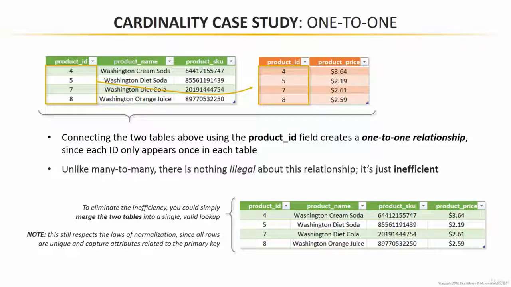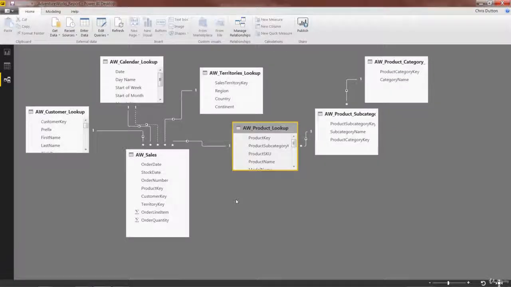Now let's jump back to Power BI and make sure that our relationships follow a one-to-many cardinality. So back in our relationships view, what we're looking for here is that the lookup table side of each relationship shows a 1 and the data table side shows an asterisk. One instance of the primary key in the lookup table, many instances of the foreign key in the data table.